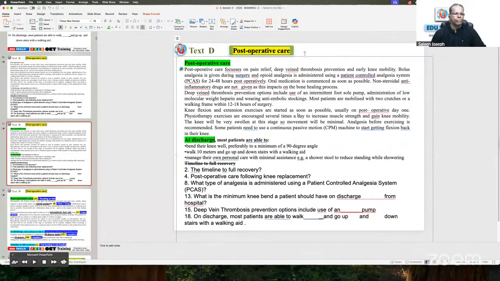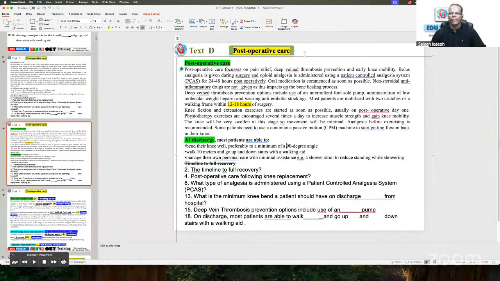The numbers, Father: 12 to 18, 24 to 48 hours, 10 meters, 90-degree angle. Where is it? 90-degree angle, at discharge.